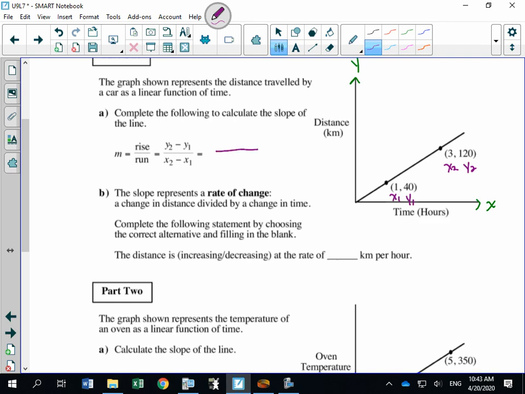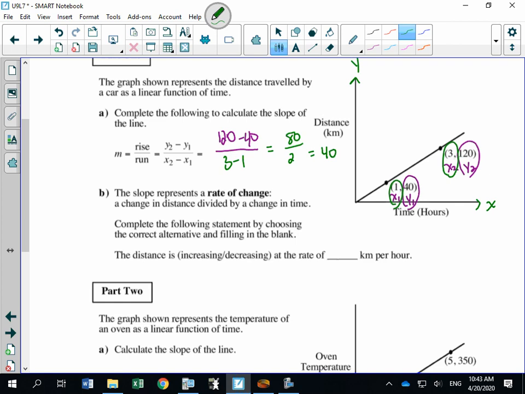So y2 minus y1 would be 120 minus 40. And x2 minus x1, there's x2 minus x1, so 3 minus 1. 120 minus 40 is 80 divided by 3 minus 1 is 2, and 80 divided by 2 is 40.